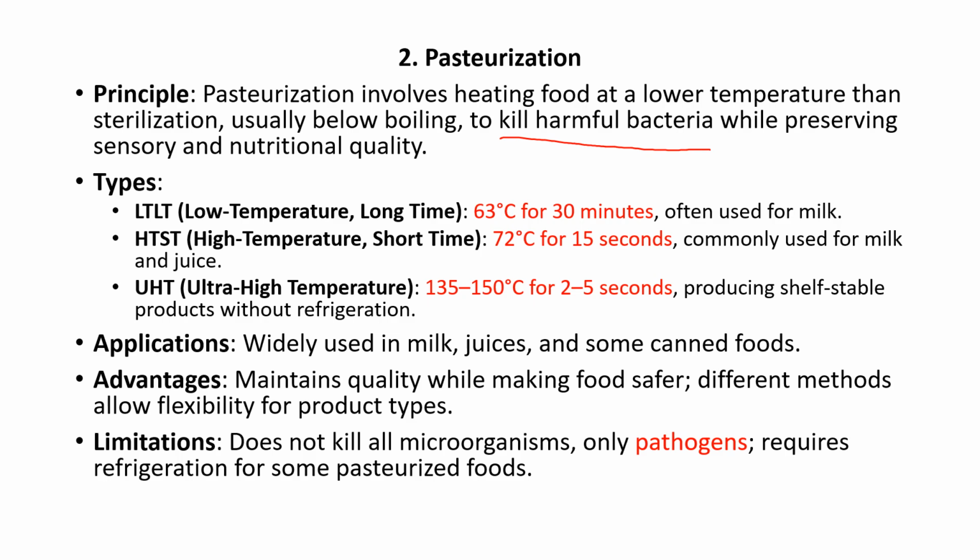Next method is UHT, that is ultra high temperature. Here the temperature is 135 to 150 degrees Celsius for 2 to 5 seconds. So here the temperature is very high and the time is very short, right? UHT, or ultra high temperature, produces shelf stable products without refrigeration.